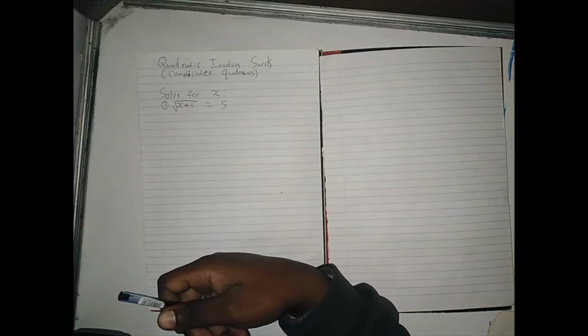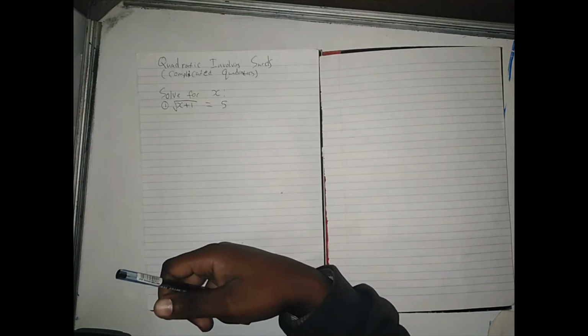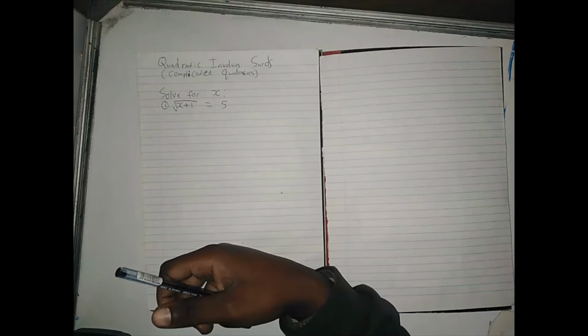But now when you involve a square root, you are giving us a problem. So we'll have to find a way to get rid of it so that we can bring these things to normality, and then solve it in a way that we know, using the routines that we are used to. So how do we then remove this?